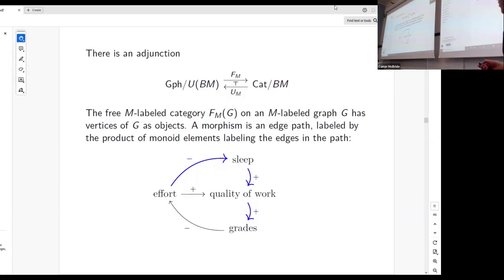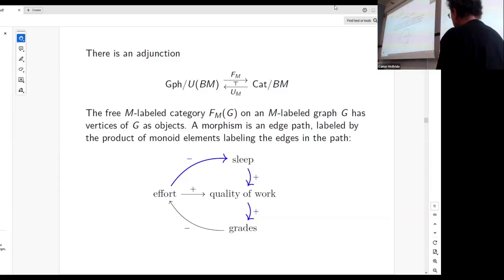So what is it? So the vertices of your graph will be the objects of this category F M of G. And the morphisms in F M of G will just be edge paths. And each edge path will be labeled by the product of monoid elements labeling the edges in the path. So here, for example, is our little graph labeled by M, where M is the two-element monoid consisting of plus and minus.